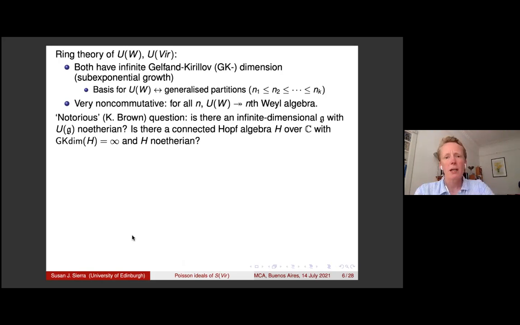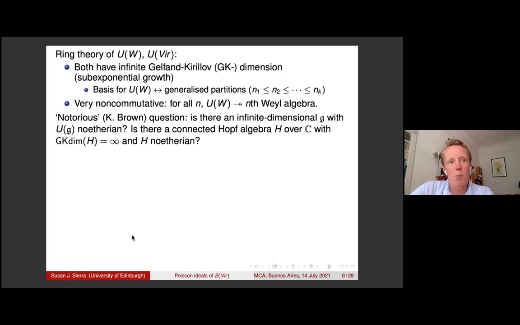And the big question about enveloping algebras of infinite dimensional Lie algebras is: is there an infinite dimensional Lie algebra that has a left and right Noetherian enveloping algebra? And then you can ask it more generally about connected Hopf algebras of infinite GK dimension.